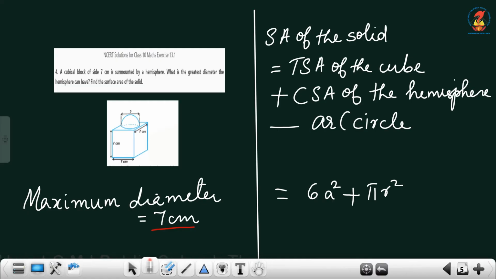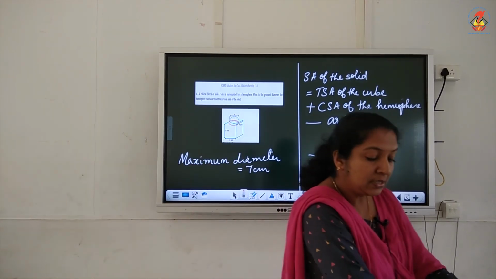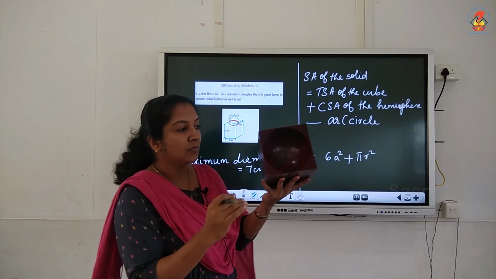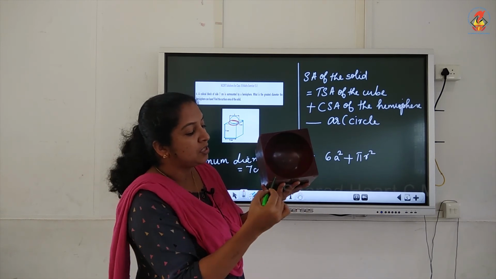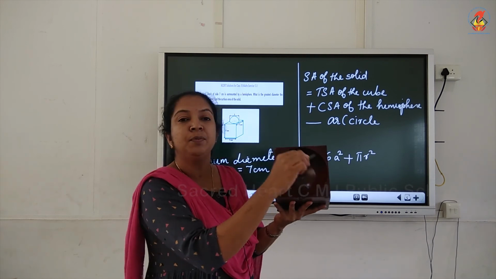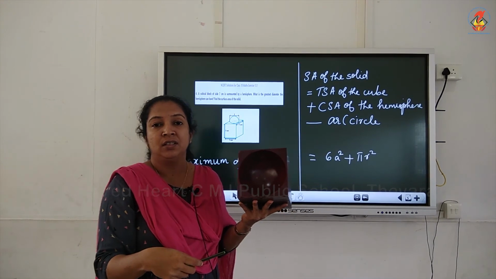The surface area of the solid is actually the TSA of the cube plus the CSA of the hemisphere, but we have to eliminate the circular part because it is covered by the hemisphere. See, this part is covered and only these 4 parts are visible. So we have to eliminate that area from the total area.